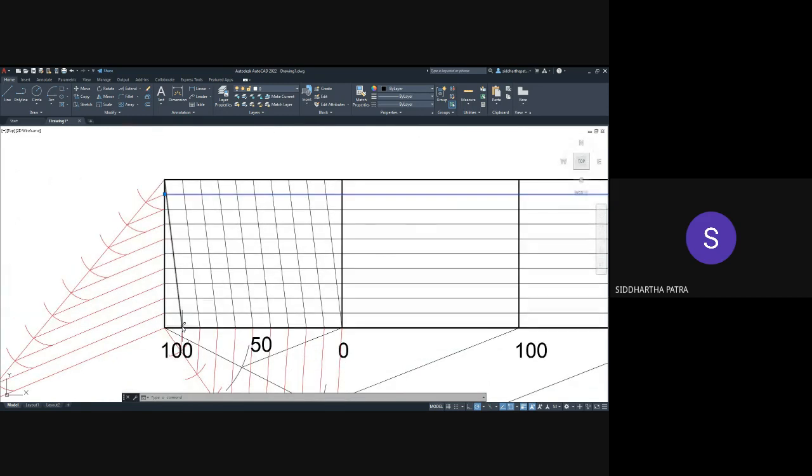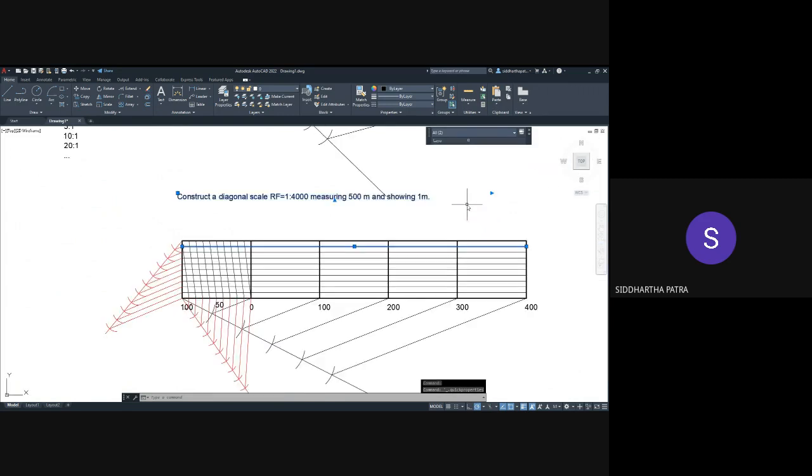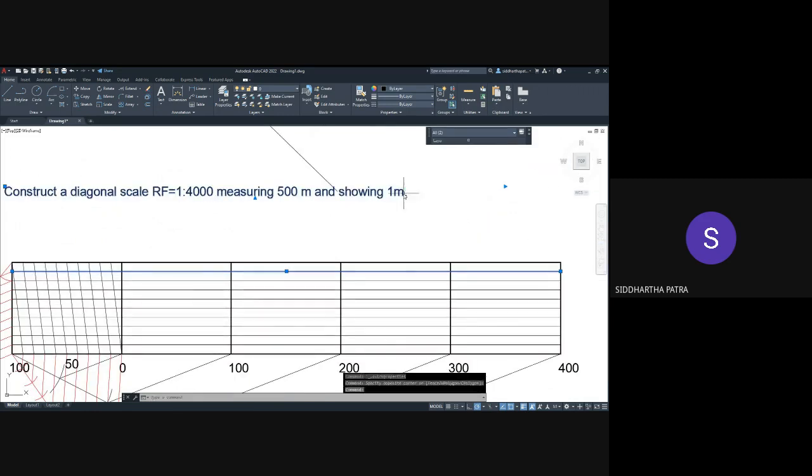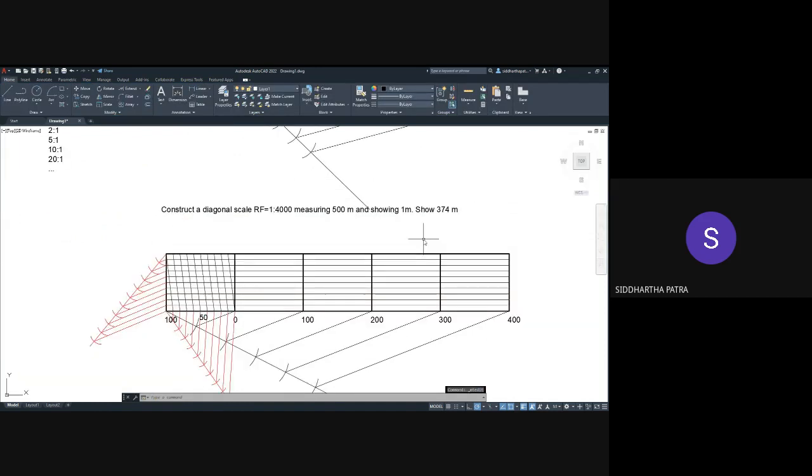Okay, so let's say I ask you to mark a certain length over here, let's say, show 374 meters. So the question is, how do you do that?